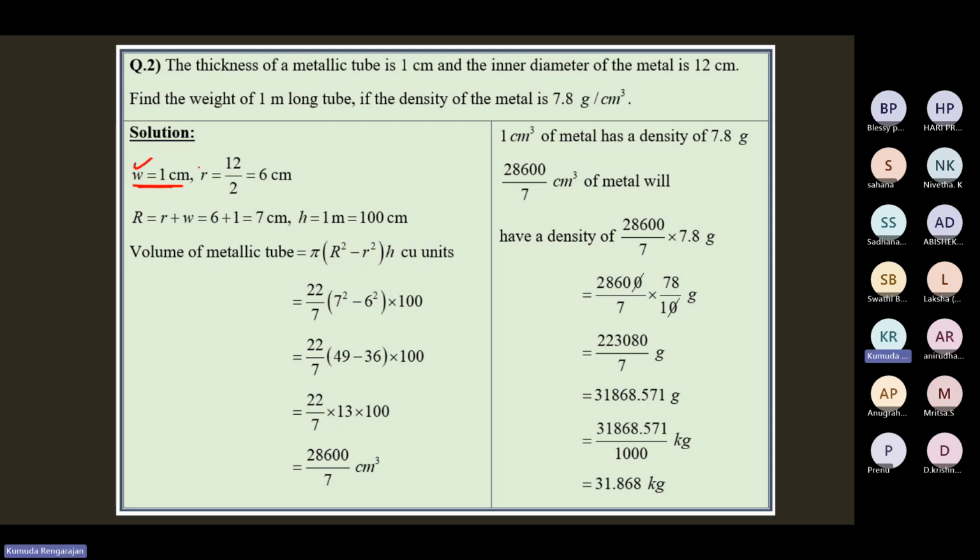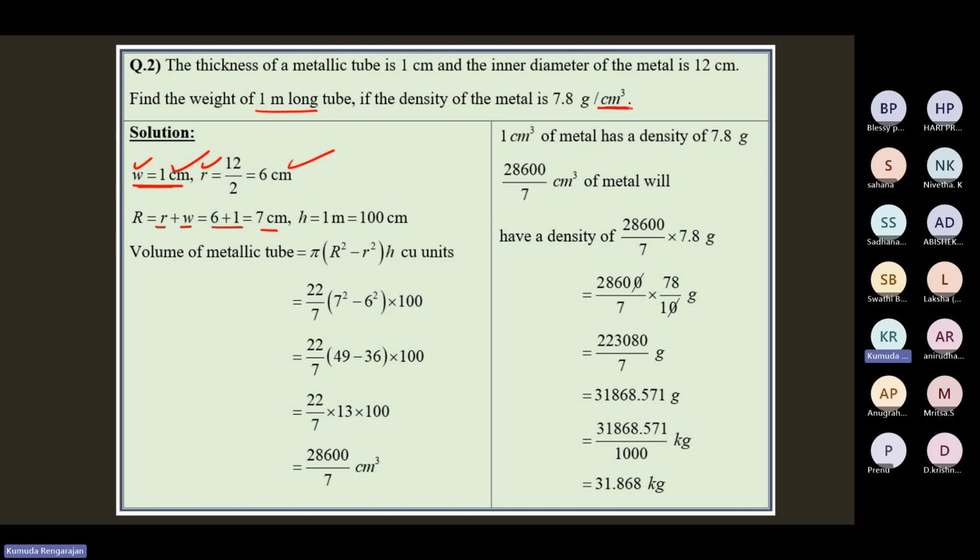So you have W and small r, and capital R is small r plus the thickness, 6 plus 1, 7. 1 meter long, so the height of the cylinder or the length of the tube is 1 meter, 100 centimeters, because all the other values are in centimeters. Now we need to look at this here.